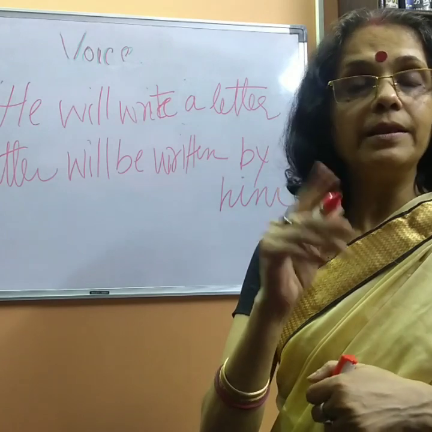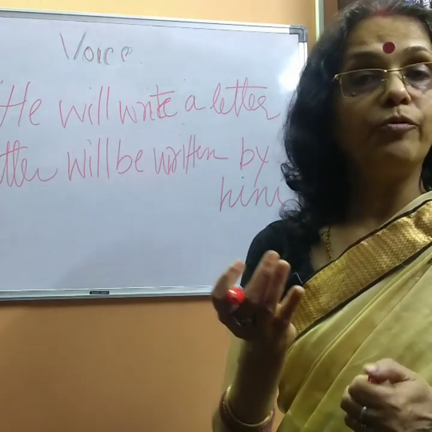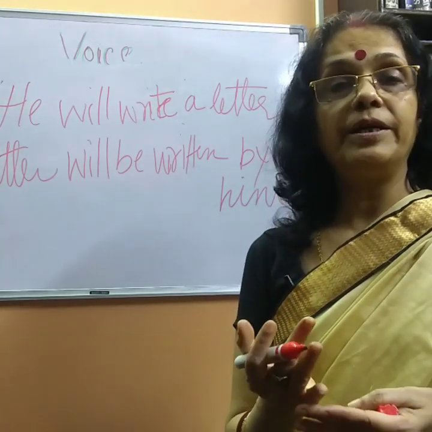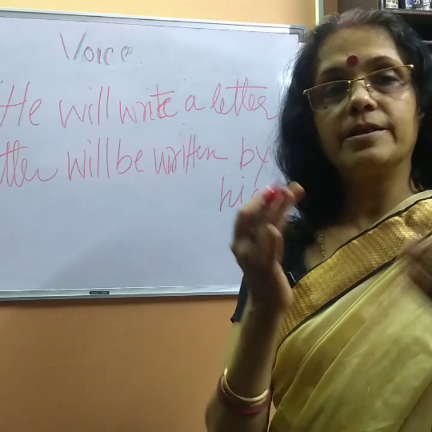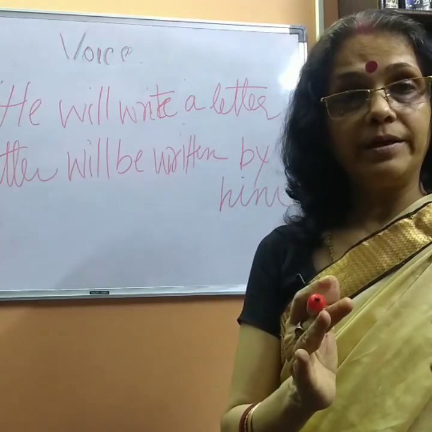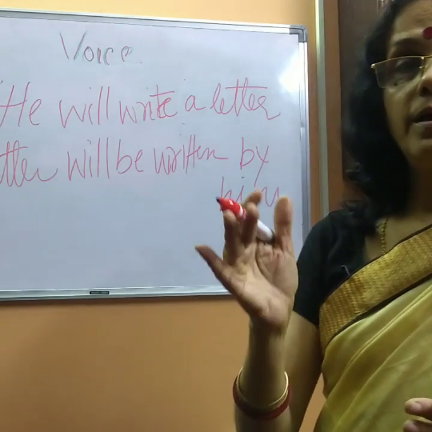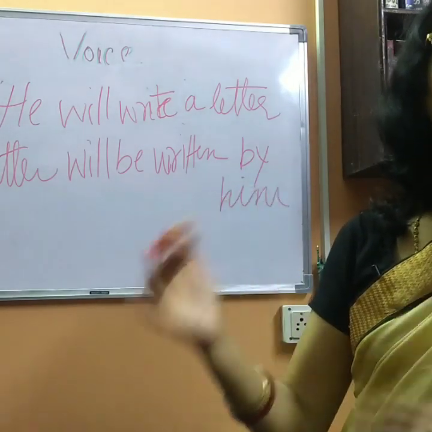And only one thing more remains, that is your future perfect. That is also very easy. It's more or less like the present perfect, and only we put the future will or shall before it.